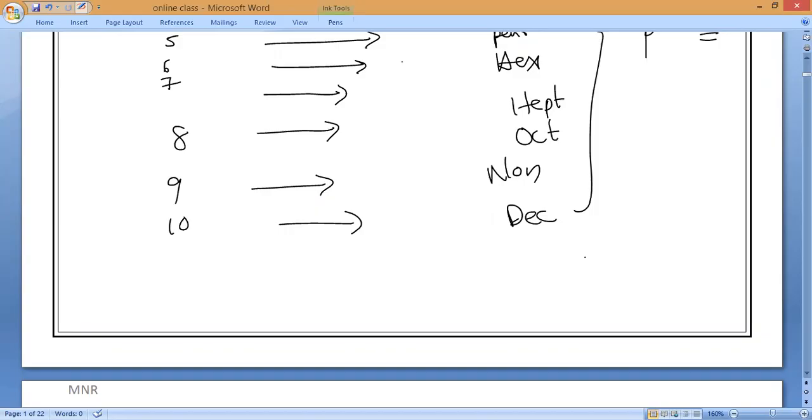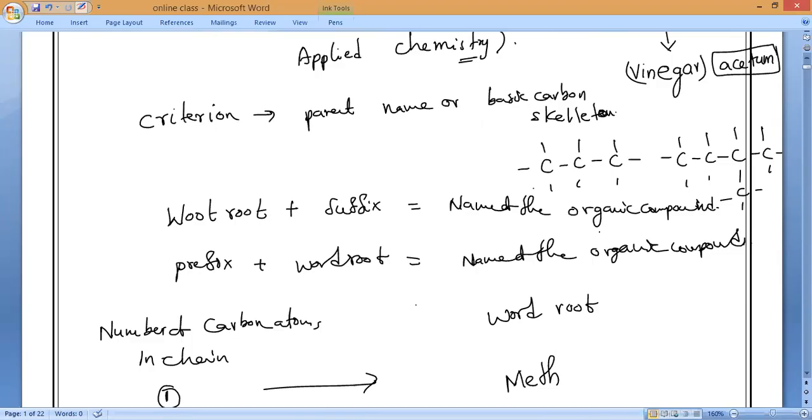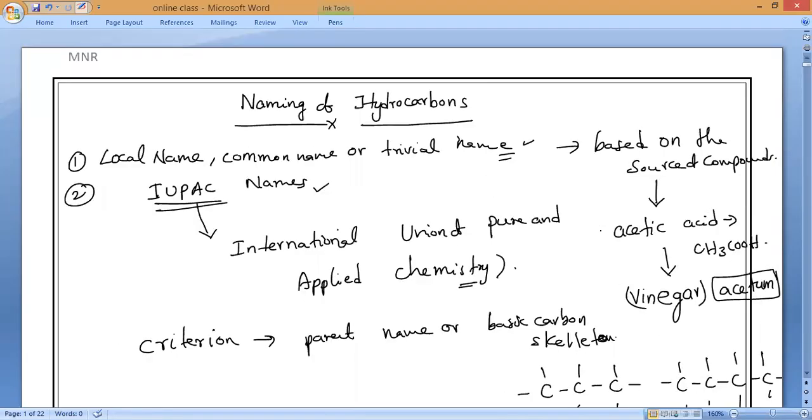So who has been giving the names? Nomenclature. As we are now studying naming of hydrocarbons, all of you remember, because we are studying only hydrocarbons.